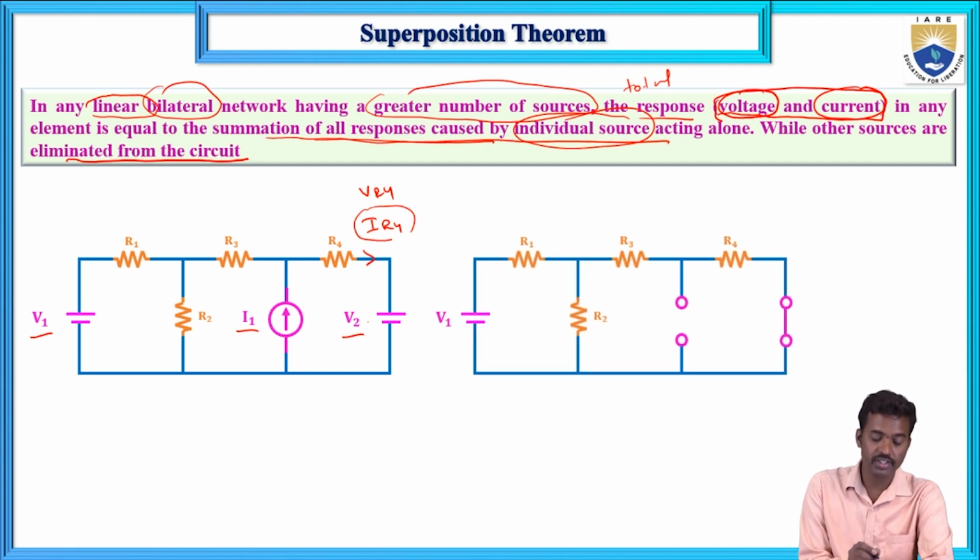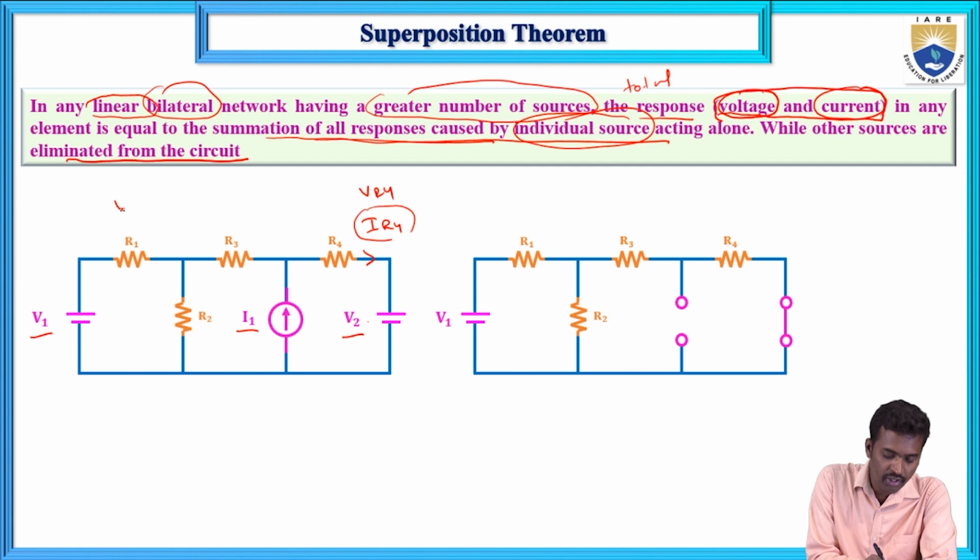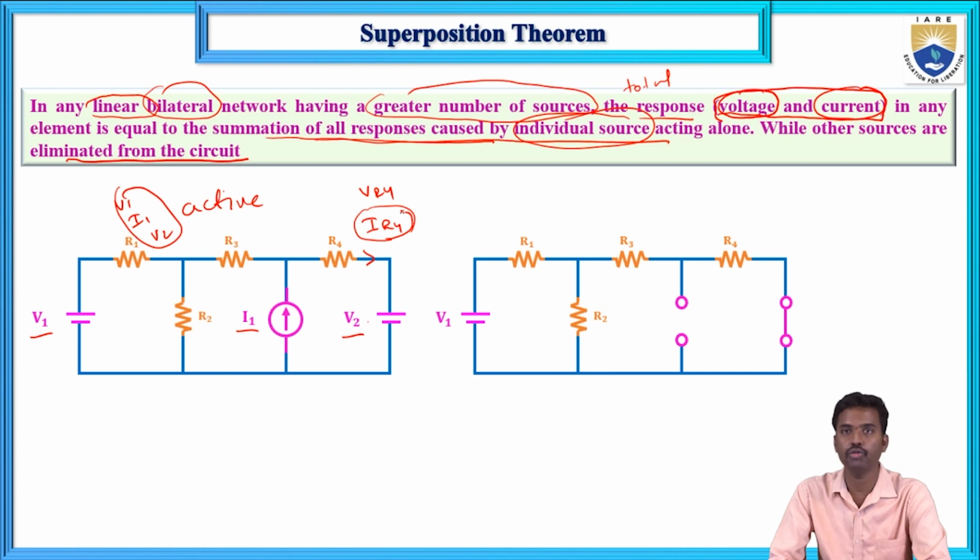In the first case, for the total response, V1, I1 and V2 are active, and we calculate IR4. In the individual responses, with individual sources acting alone, only one source is active and all other sources are deactivated, meaning they are eliminated from the circuit.